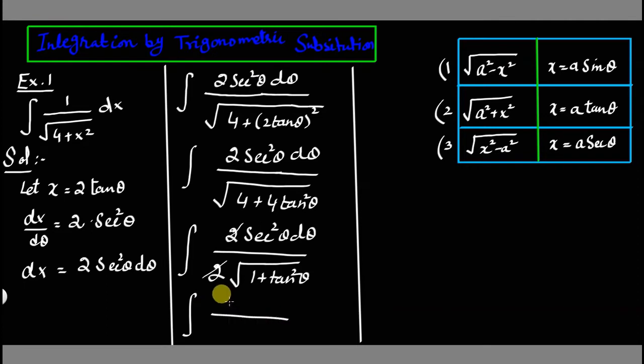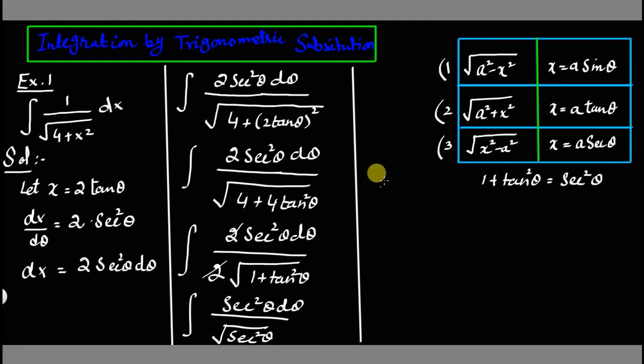and secant square theta d theta over the square root of 1 plus tangent square theta, it will become a secant square theta, because we have the identity like this. 1 plus tangent square theta is always equal to secant square theta, so we can use this identity over here.